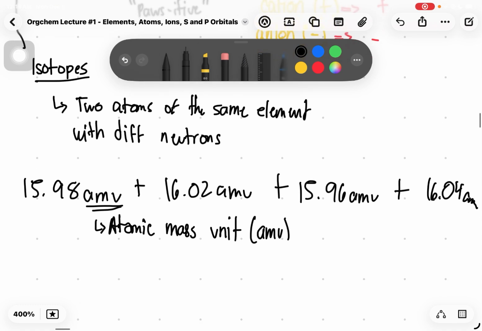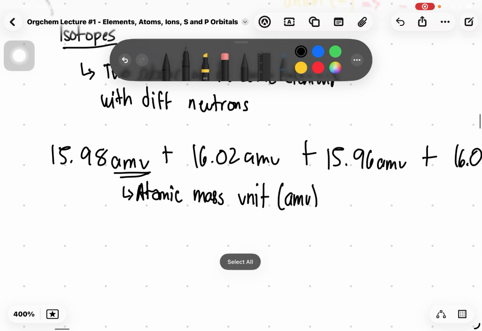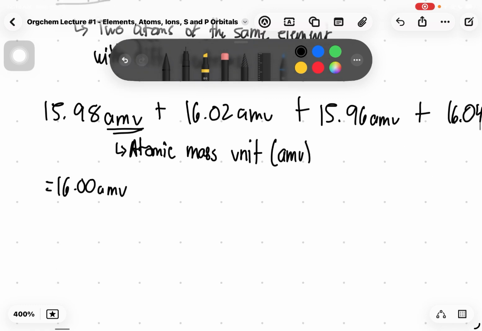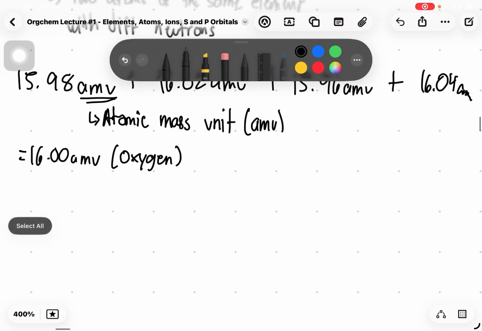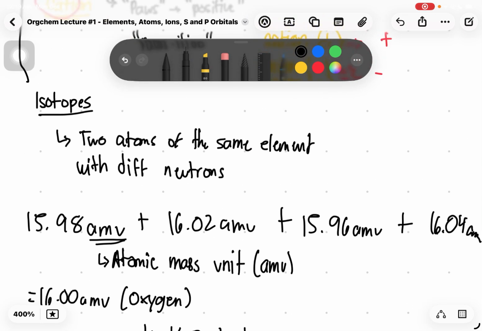So let's say we add these all up and divide it by 4. Imagine you get 16.00 AMU. That's usually the mass we use to show the atomic weight of oxygen. You might run into it like 16.00 grams per mole. And that's it. Again, isotopes are just the same element, two or more atoms with a different number of neutrons.